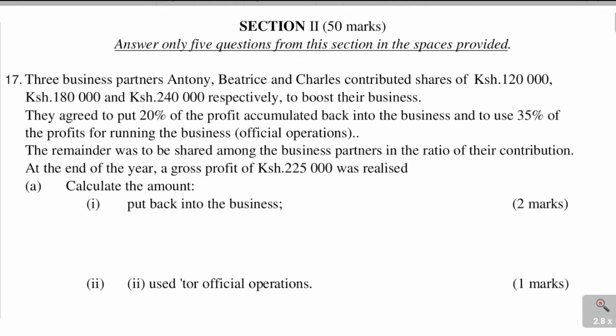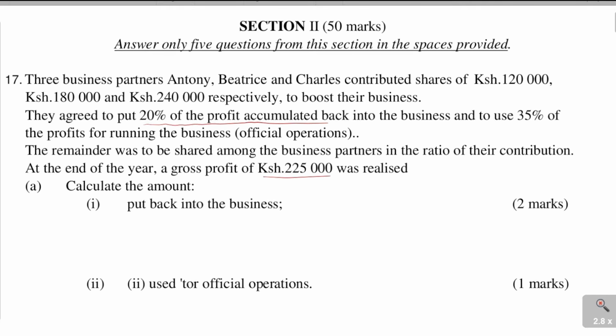The amount put back into business. Now, when you read this statement again, you'll notice that the amount put back to business is supposed to be 20% of the profit accumulated. And what is the profit accumulated for that year?